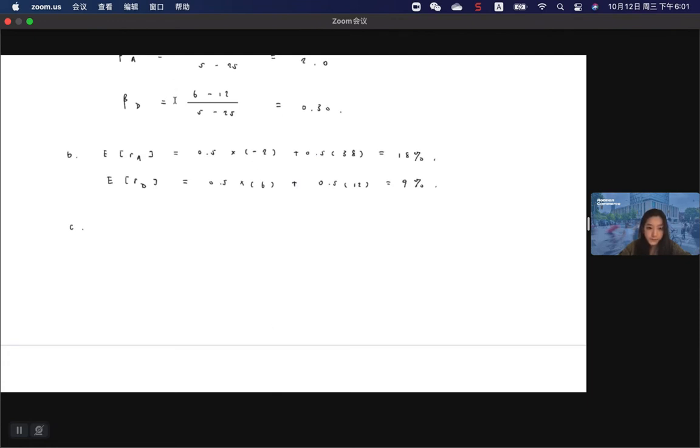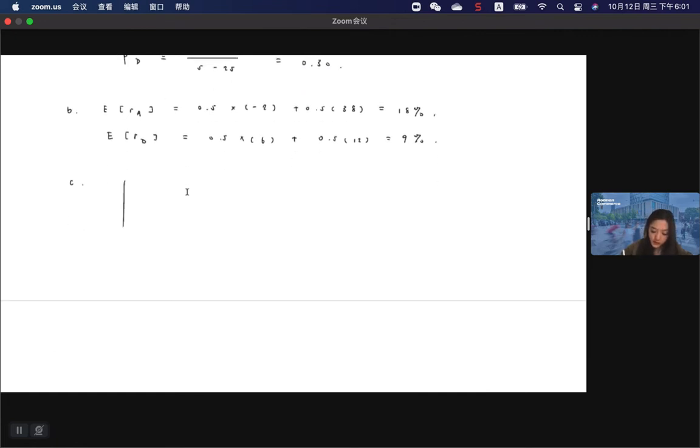So for the security market line, the x-axis will be beta, and the y-axis would be the expected return of each security. And let's just draw it this way. The intercept would be the risk-free rate, which is 6%. And the market portfolio will lie on the security market line. So this is the market portfolio.